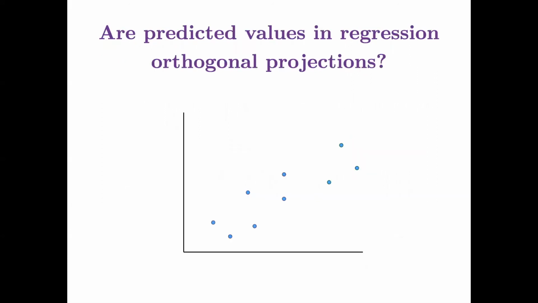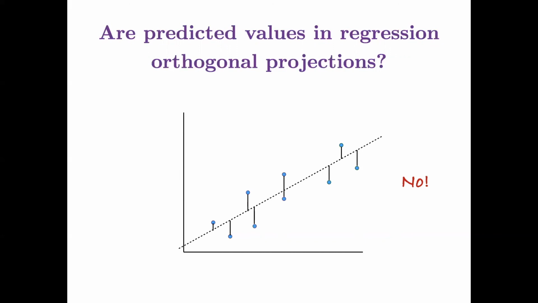Now, a question I have for you is whether or not the predicted values in a regression analysis are orthogonal projections. So here I have some blue data points. There is the regression line. Are the predicted values orthogonal projections? No, because they are not projected orthogonally onto the regression line.